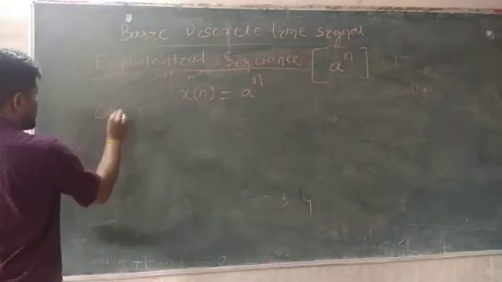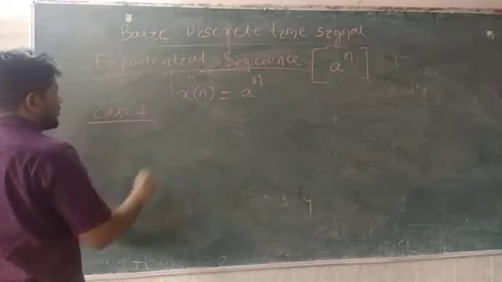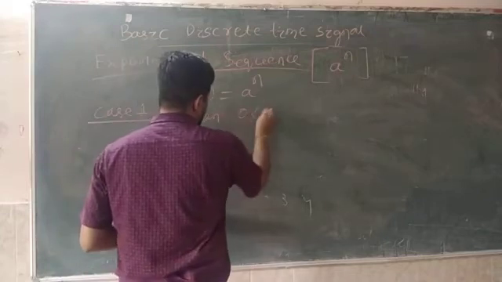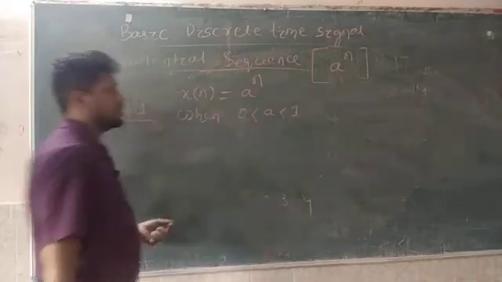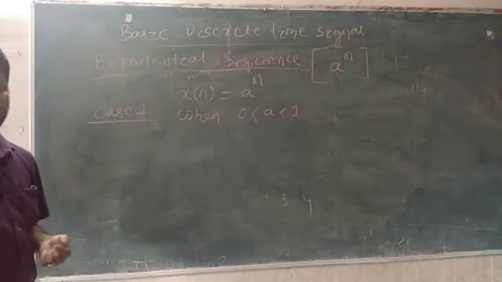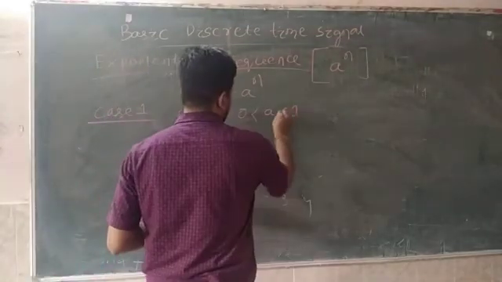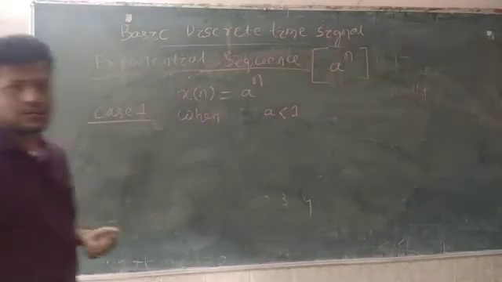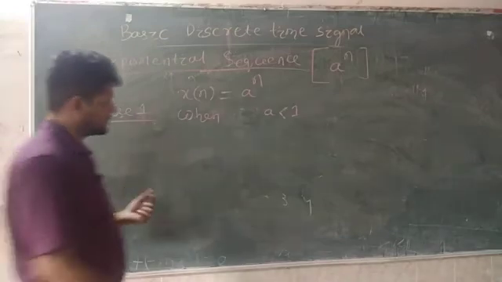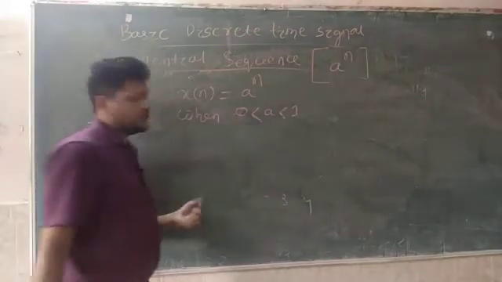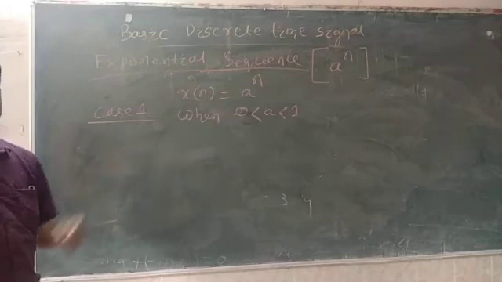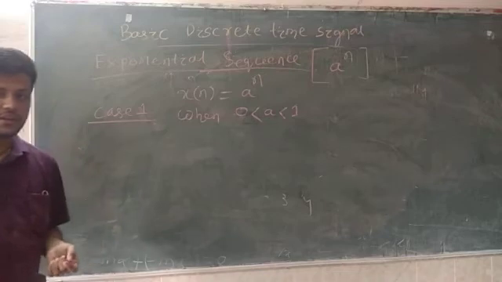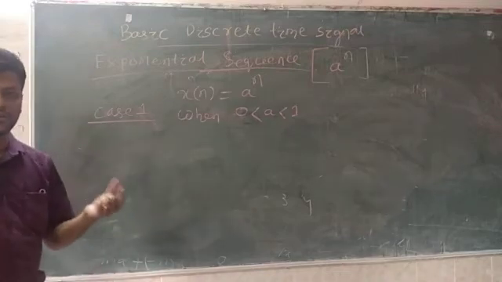Here we have two cases. The first case is when a is lying between 0 and 1, that is, a less than 1. 0 to 1 means fractions, that is 1 by 2, 1 by 3, 1 by 4; these are all values lying between 0 and 1.